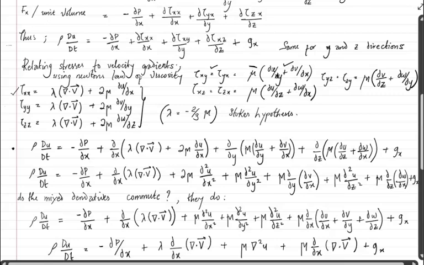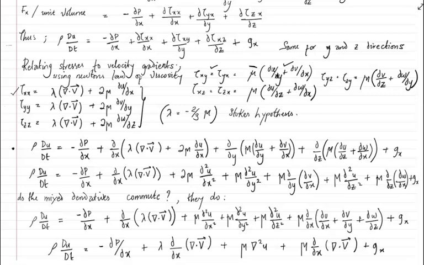So now I would like to show some intricacies in what I've done to simplify this further. While substituting this, I moved the dx out. I expanded this, because I wanted to bring this into the most used form for the Navier-Stokes equation. Then by expanding this further, I split this 2 mu du dx into 1 mu du dx twice.